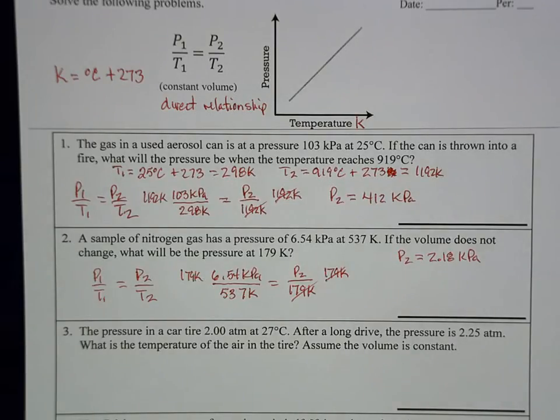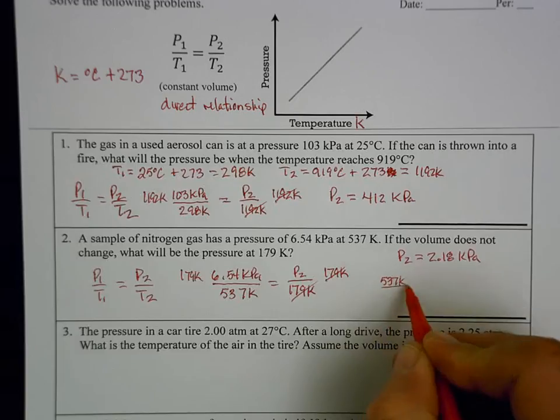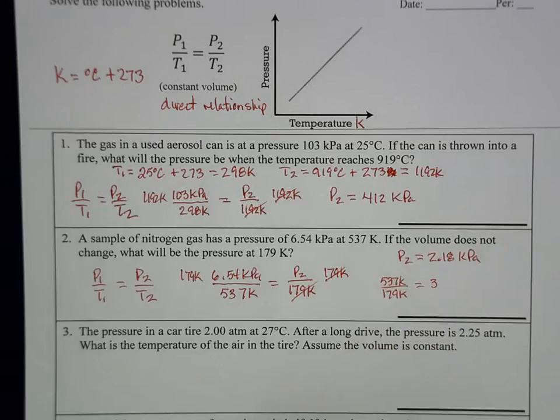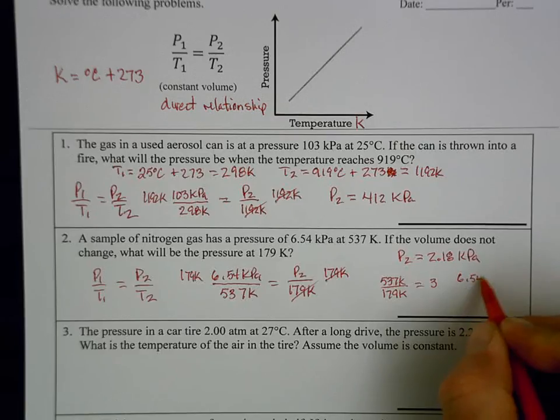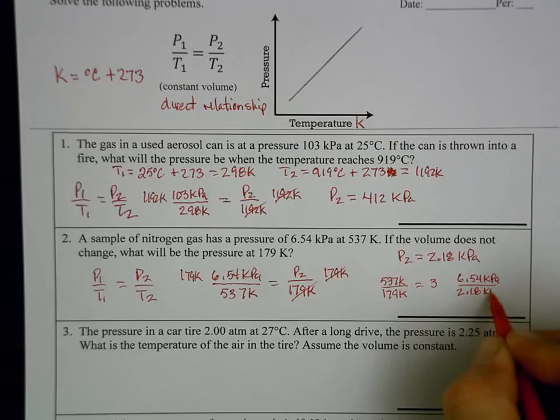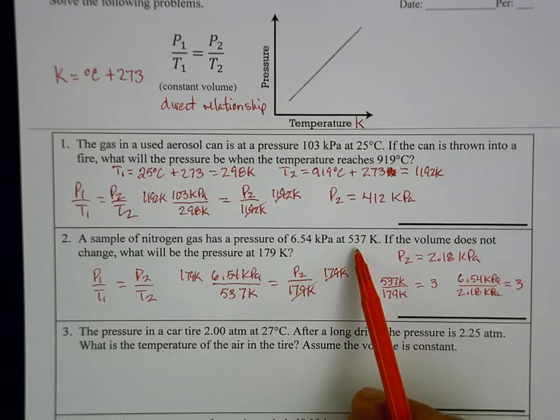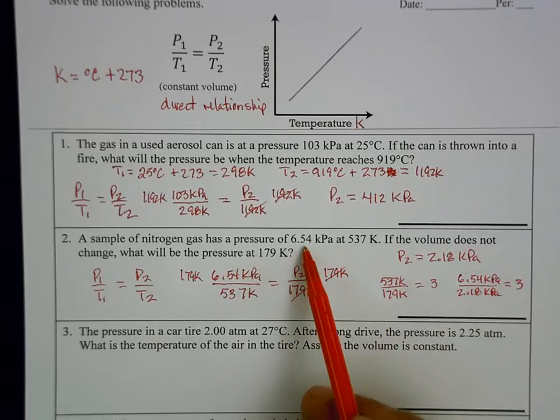However, since I was in Kelvin in this case, notice this: 537 K over 179 K turns out that's 3. 6.54 kPa over 2.18 kPa, that's also 3. In other words, the 179 was a third of the 537, and the 2.18 was a third of the 6.54.